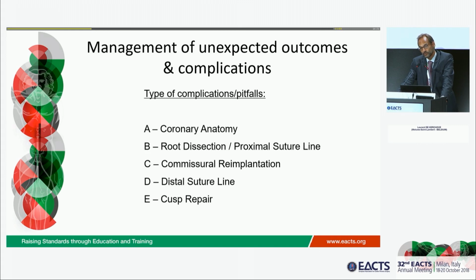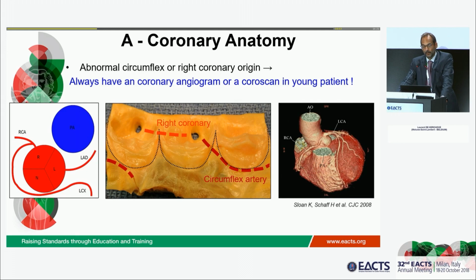From the bottom to the top, I include coronary anatomy, root dissection, proximal suture line, commissure reimplantation, distal suture line, and cusp repair. So many pitfalls, and the best is to know all of them to avoid them.